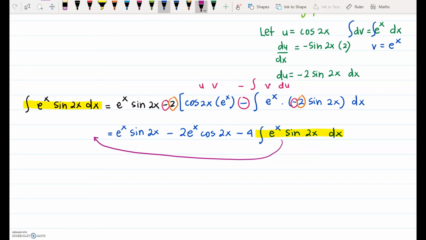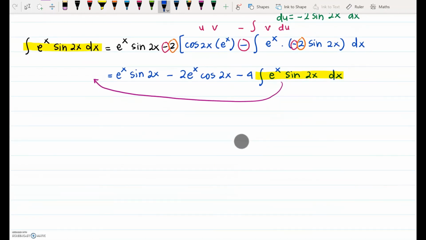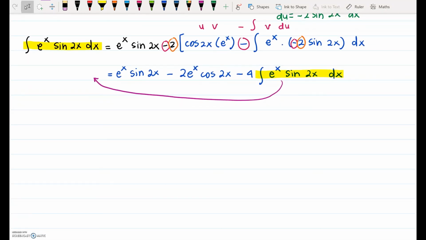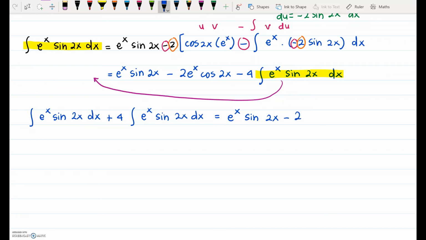When you move it over, the integration of e^x sine 2x dx plus 4 times the integration of e^x sine 2x dx equals e^x sine 2x minus 2e^x cos 2x.